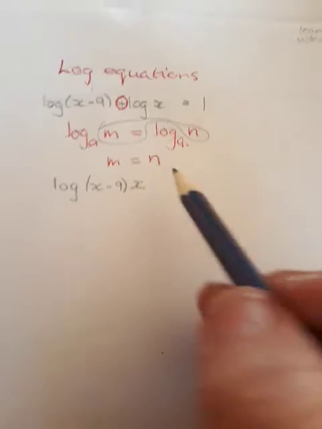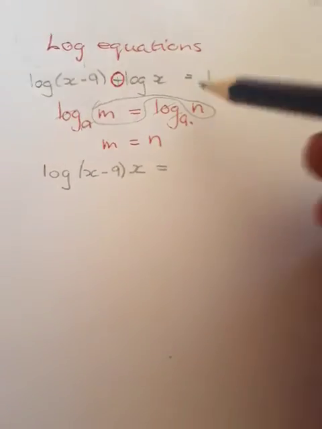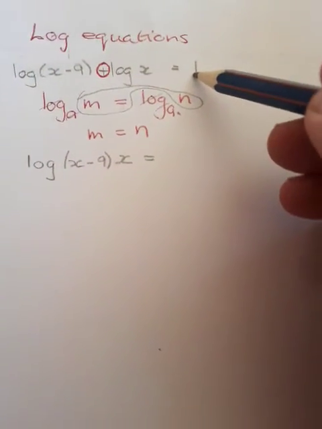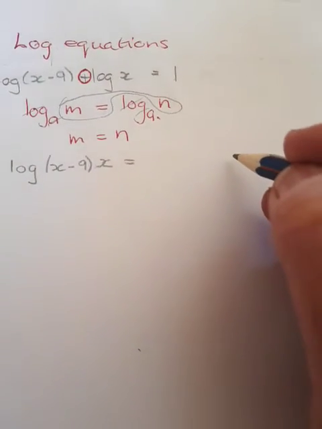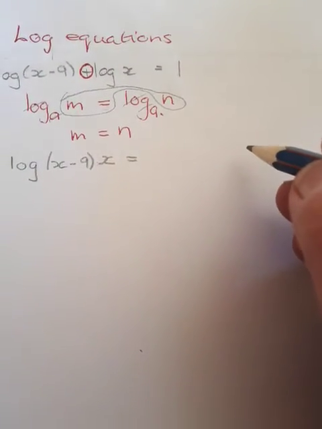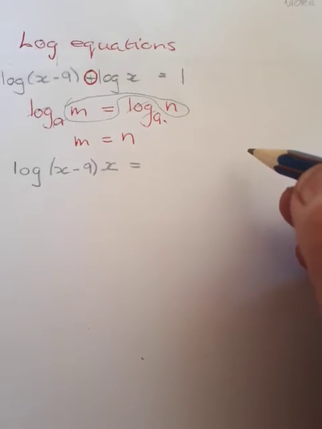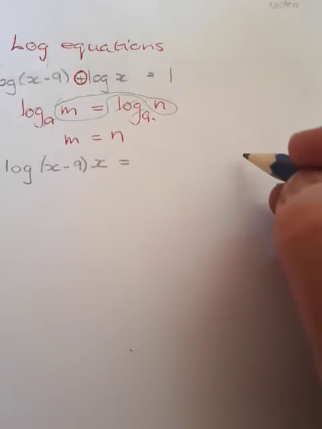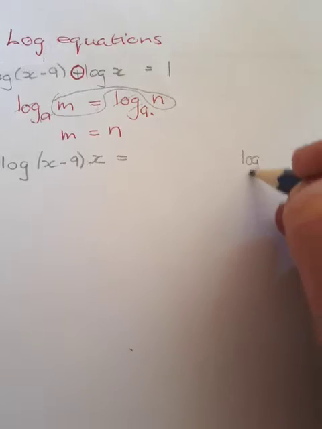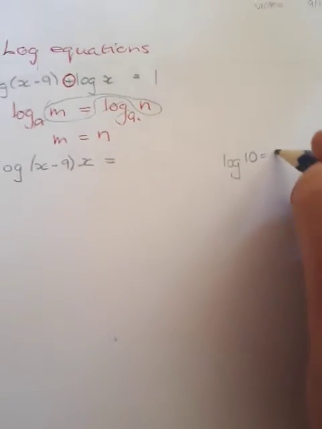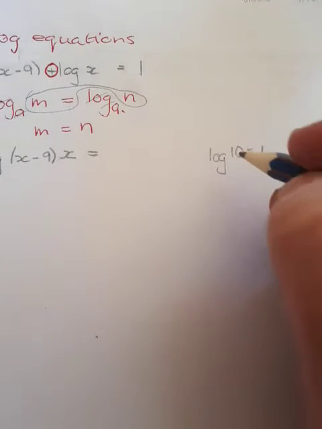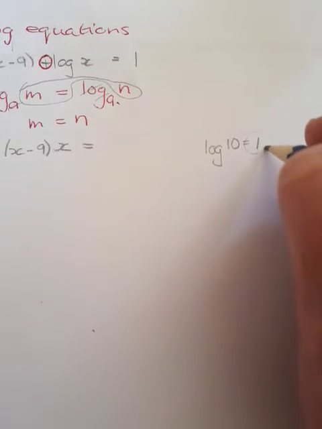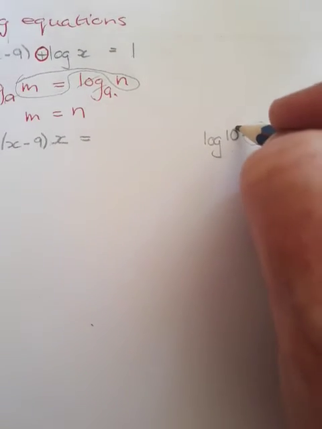All right. Then on the right hand side, we've got a constant. And for those constants, people, you must simply know the log notation. You must know that log 10 is equal to 1. Remember, we said the answer to a log is the index.